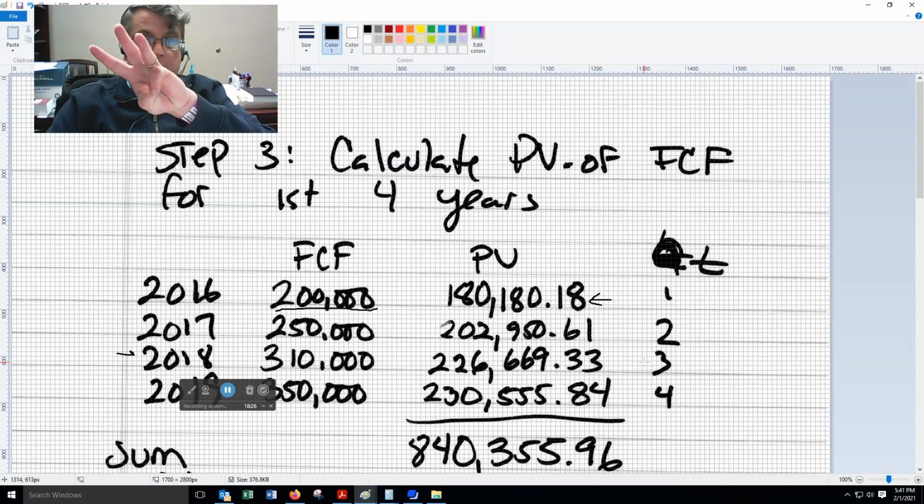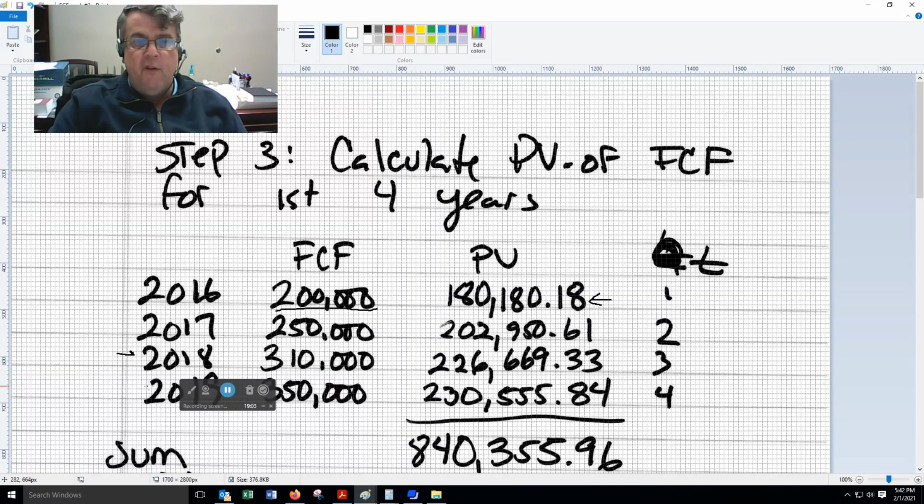I got 3 keys. The book tells me to compute the fourth, or the problem does. So I hit compute present value. The present value of that $310,000 in free cash flow at the end of 2018 is worth $226,669.33 at the beginning of year 2016. That's where we are. That's our present, even though it's not really the present, it's the past, but we're pretending we're in the past.